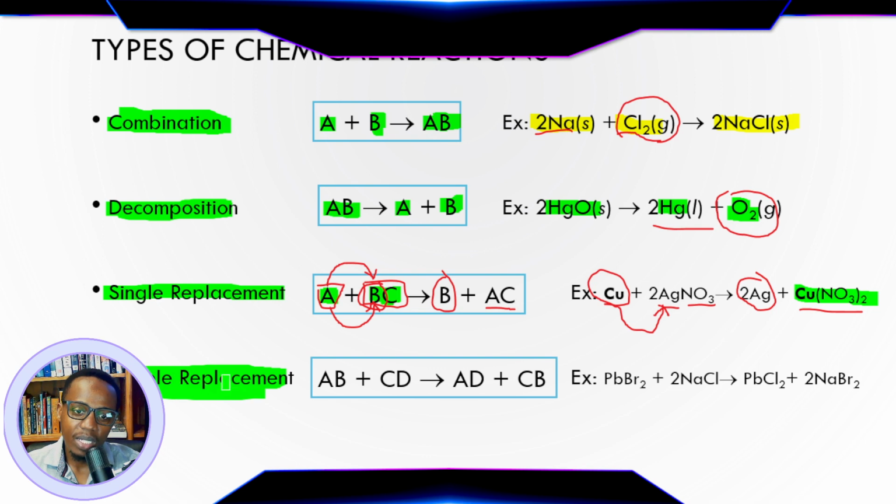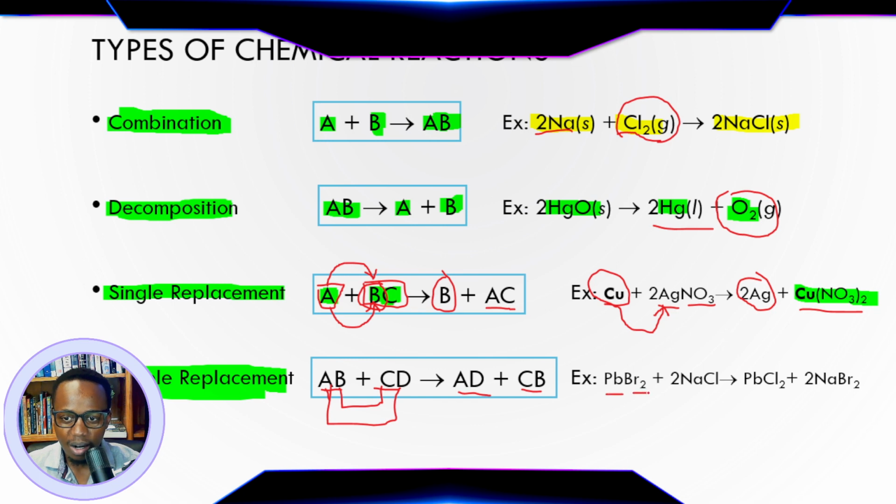The double replacement is going back to our example of a couple. Now you have two couples, and these two couples are going to exchange partners pretty much, right? B goes with C, and then A goes with D, and then you make AD plus CB. It's a double replacement, right? This is an example.